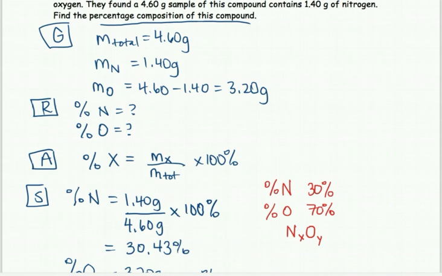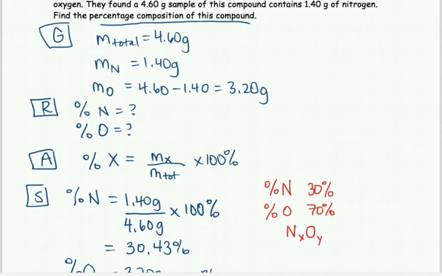But one thing is that you can't just take the mass of one atom of nitrogen and compare it to the mass of one atom of oxygen. You need to compare using a different set of units. Nitrogen and oxygen have different masses, they are different sizes and so forth.